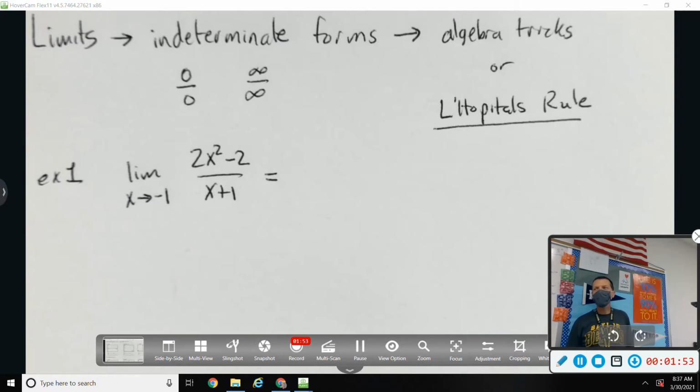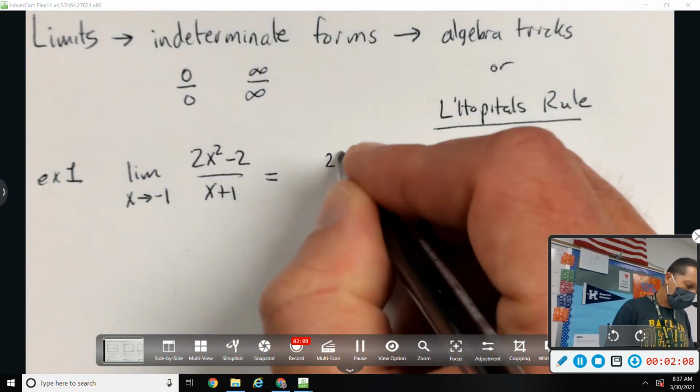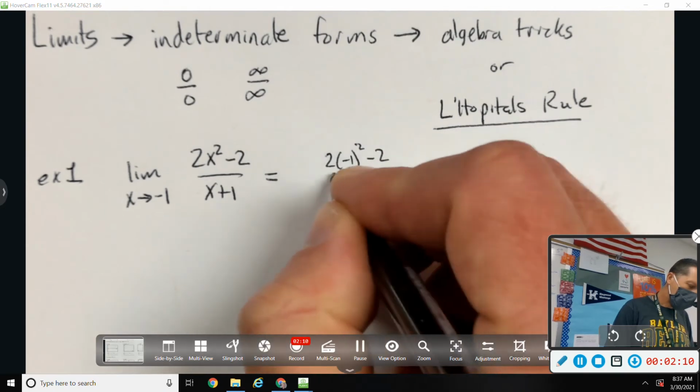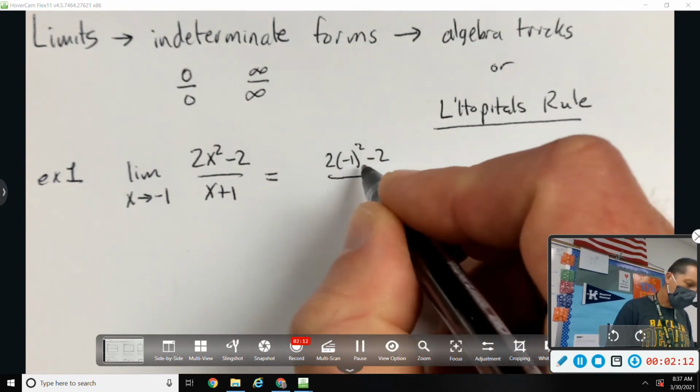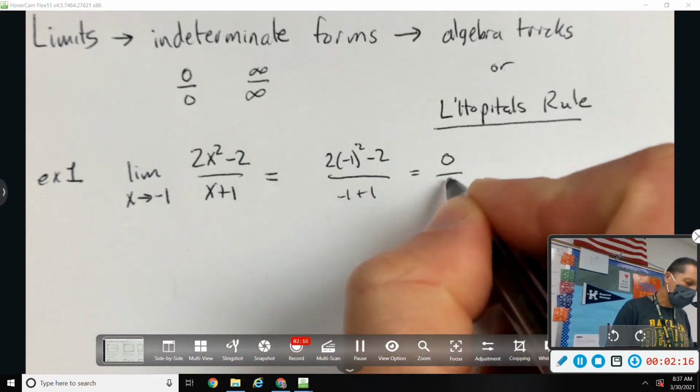So what's our first attempt when it comes to limits? What's our first try? Yeah, plug in -1 and see what happens. So if I plug in -1, I get, let's see, 2 minus 2 is 0 over 0.